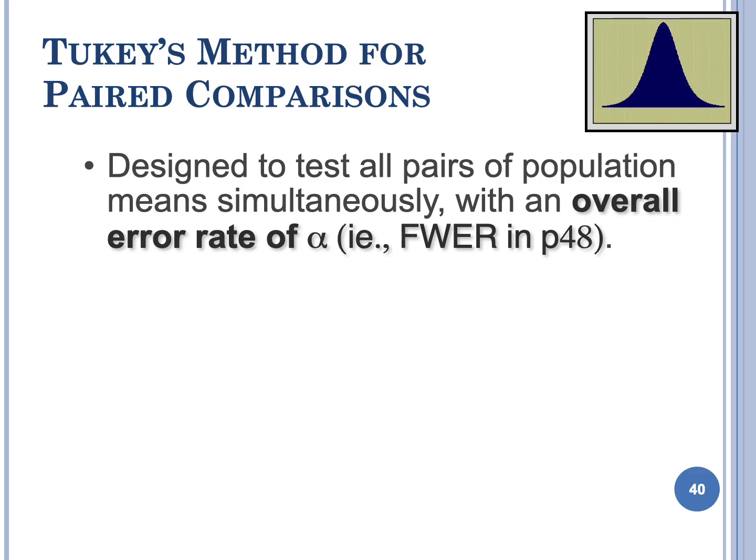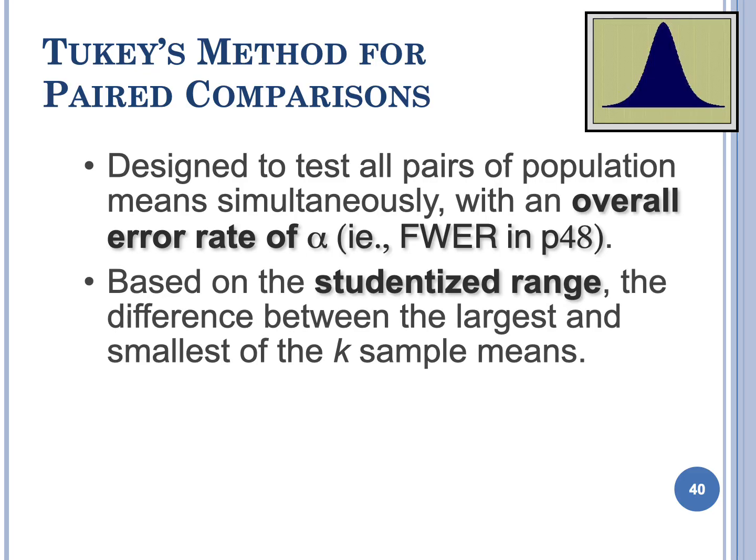But in my slides, I add some more detailed description and explain what the overall error rate means. In fact, this is called family-wise error rate, and I put more details in page 48 in these slides. Alpha is again the Greek letter, the same as the significance level, but here it is called overall error rate, and it has a different meaning.